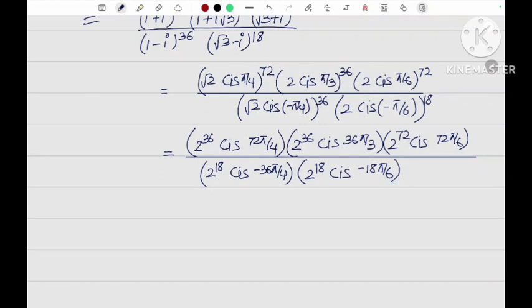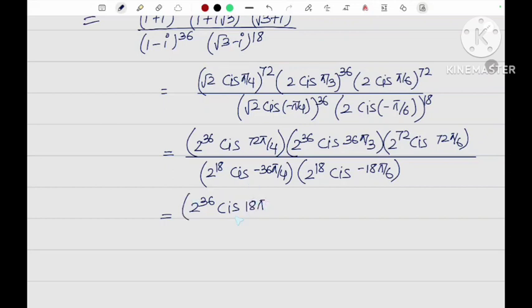Okay, now let us further solve it. 2 to the power 36 cis, this 72 by 4 is 18, right?